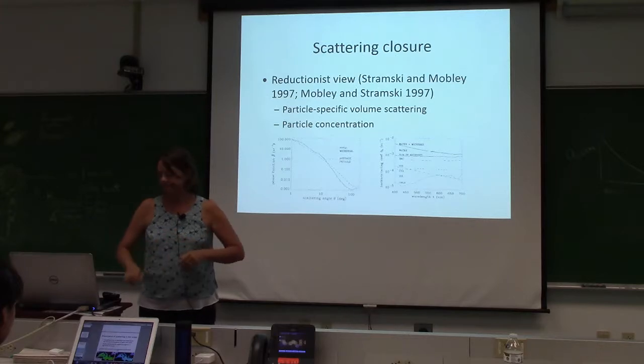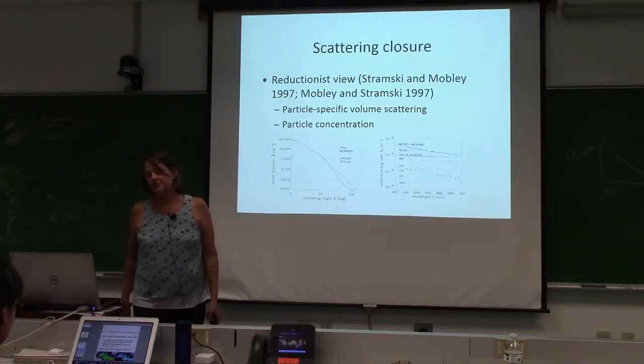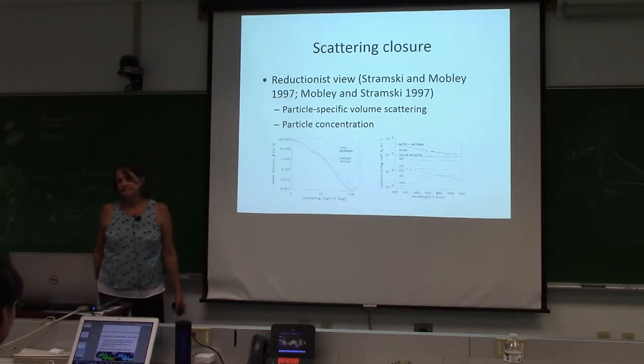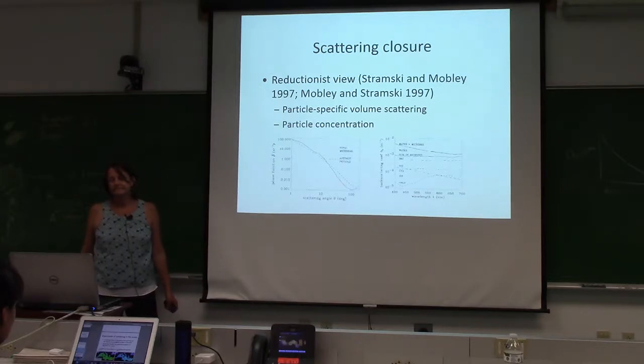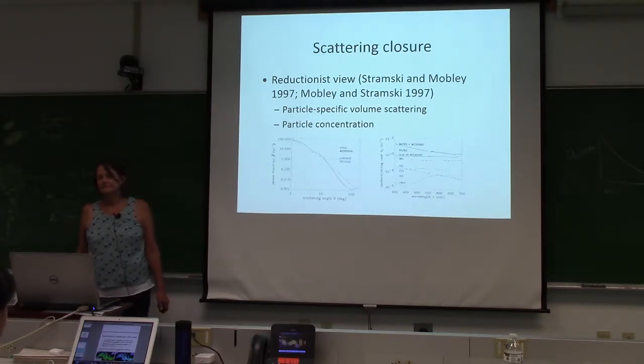It's an issue with the LISST. When you go from fresh water to salt water, you actually get a shearing effect that changes the direction of light. So something to keep in mind when you look at very near forward scattering: even inhomogeneity in the water will affect the intensity.